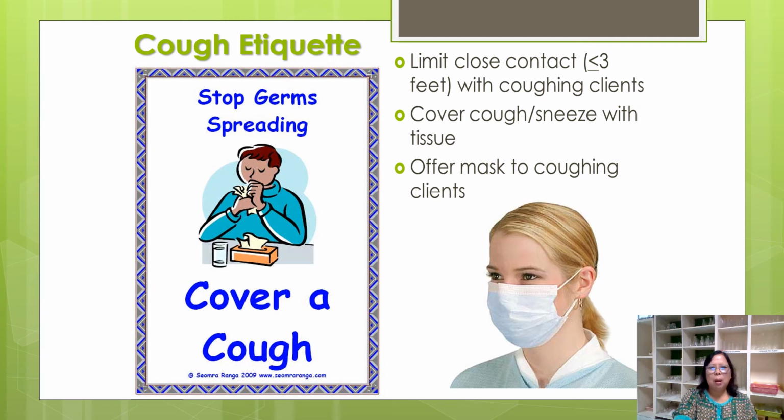And then we have the cough etiquette. Stop germs spreading, cover a cough. That is also one reason why we have social distancing during the onset of, or while we are under, the COVID pandemic.